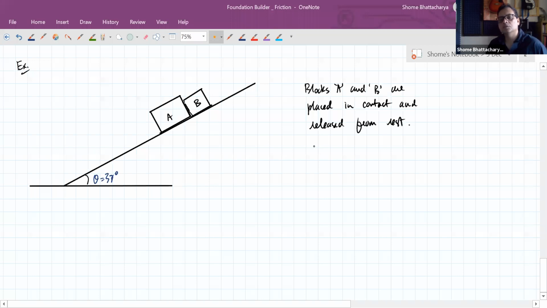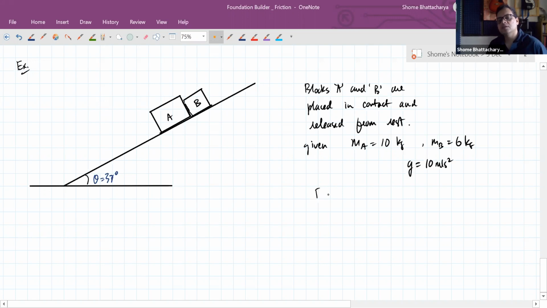Given that the mass of block A is 10 kilograms and the mass of block B is 6 kilograms, g is equal to 10 meters per second squared.